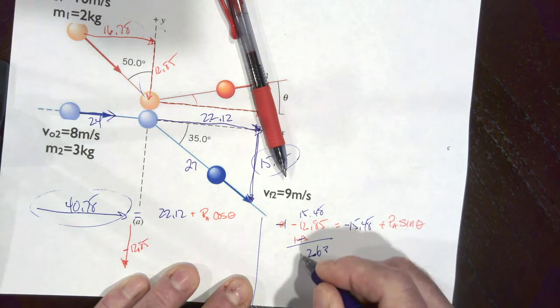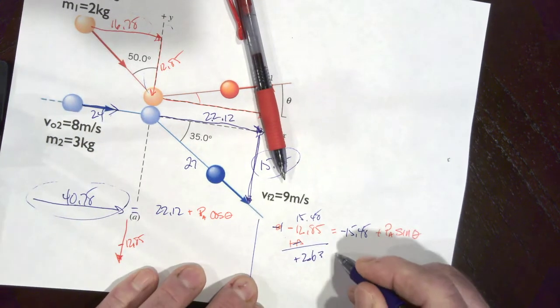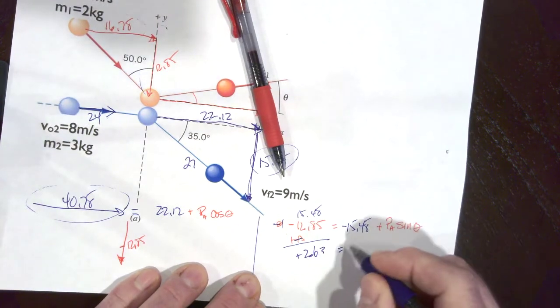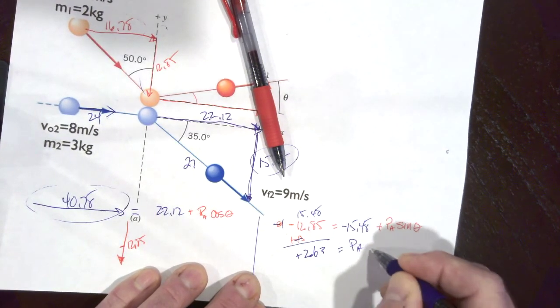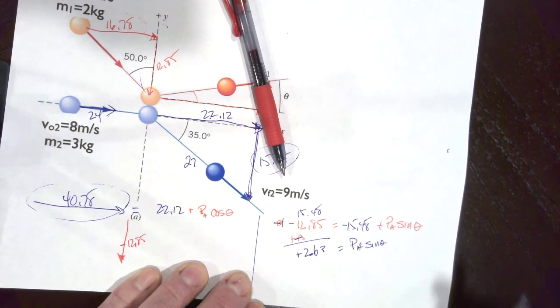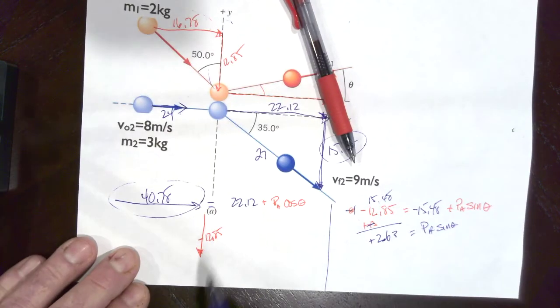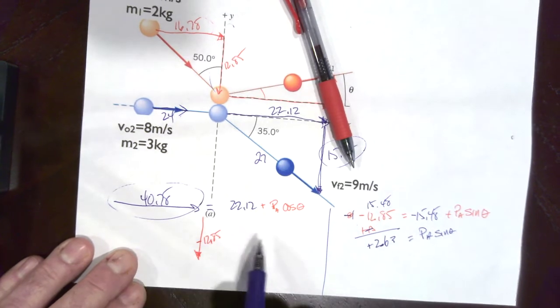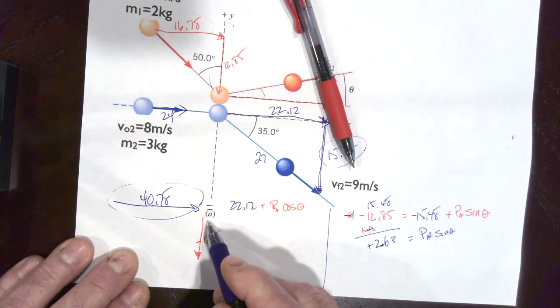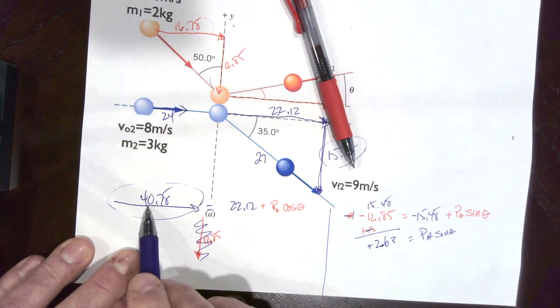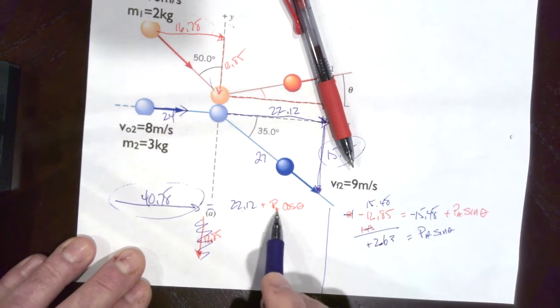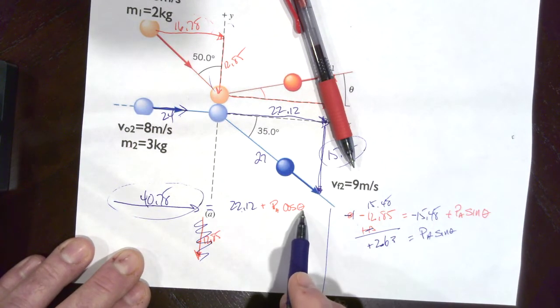Positive 2.63 equals, I'm just going to stick with blue for now, P_A sine theta. Now I'm going to go over here, my x dimension. That's my y stuff. That equals that component plus P_A cos theta.